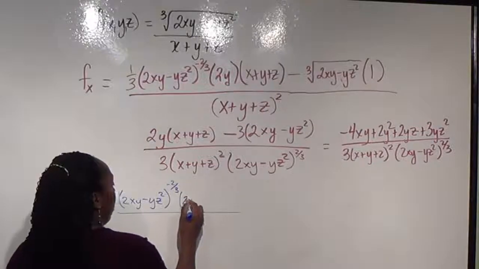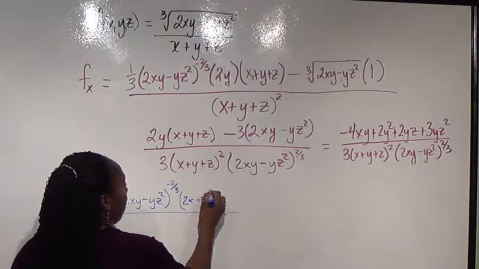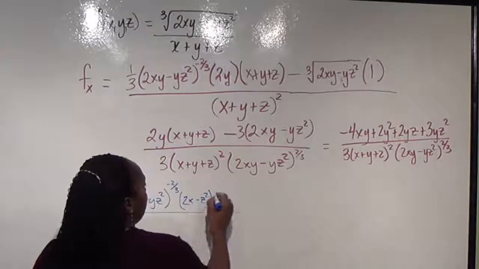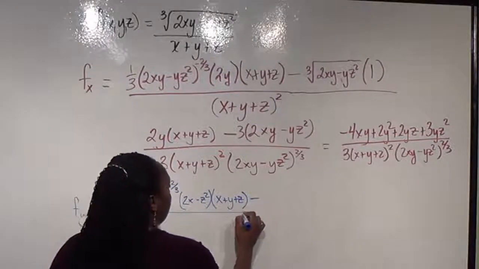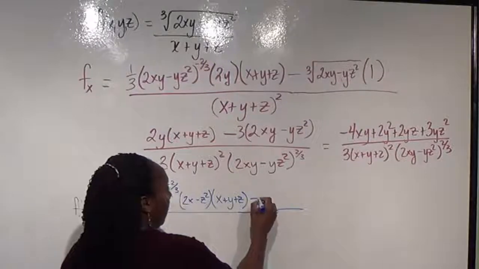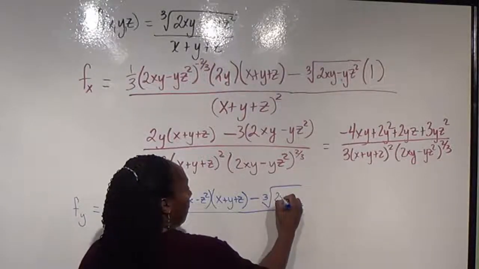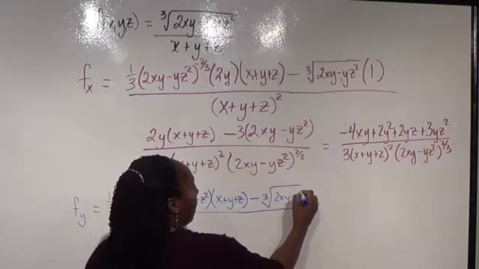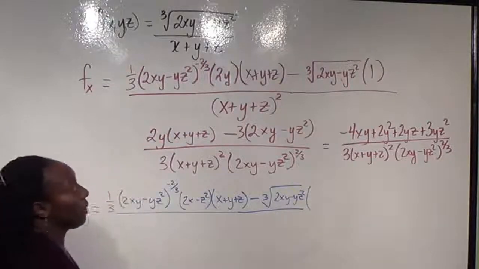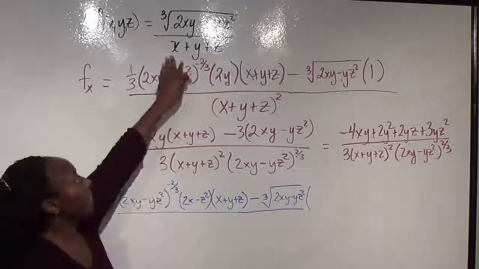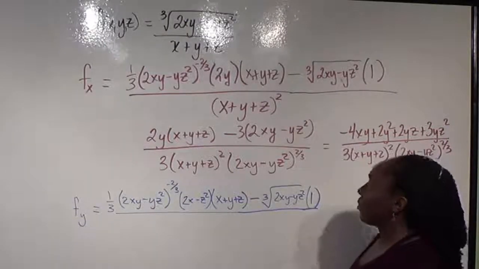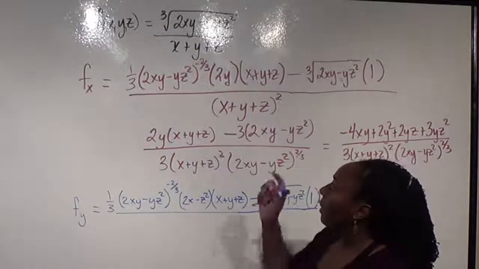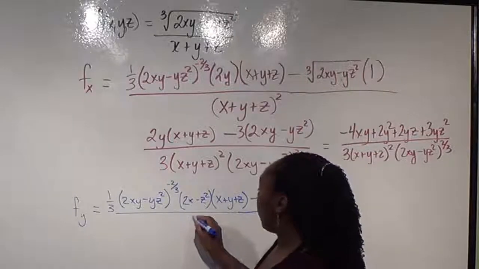So I'm going to get a 2x minus a z squared, okay, times the bottom minus the top times my derivative of the bottom. And again, x and z are constants, so my derivative there is just 1. Okay, all over bottom squared.